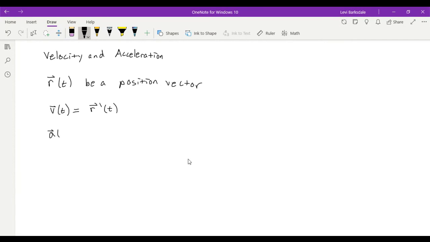And our acceleration would be equal to the second derivative, which also happens to be the derivative of velocity.